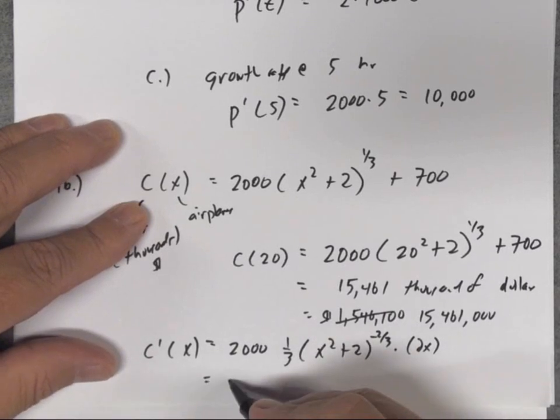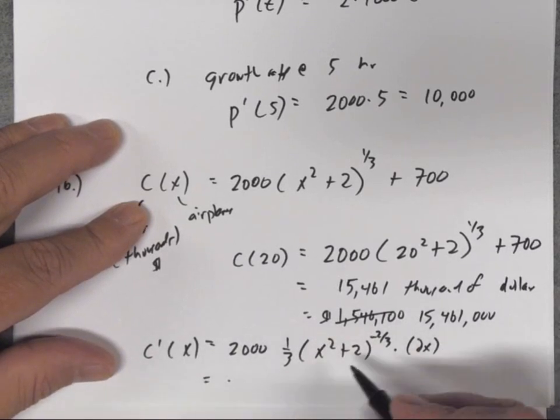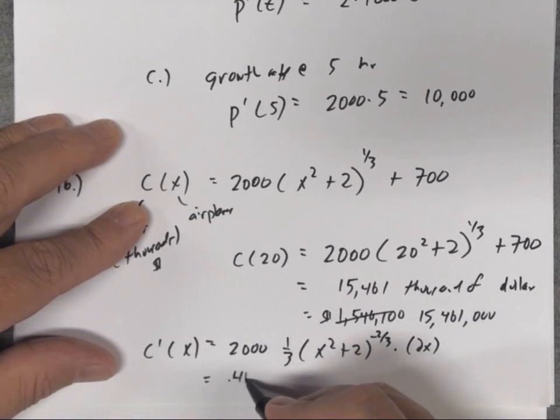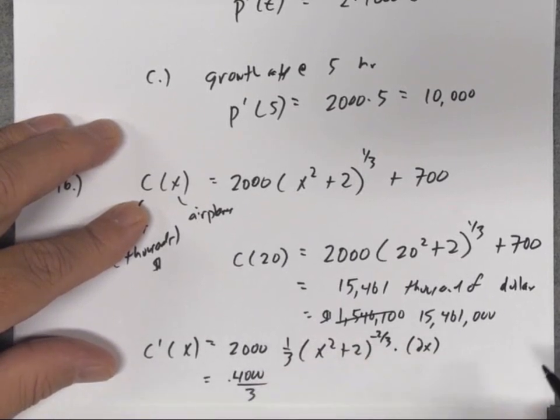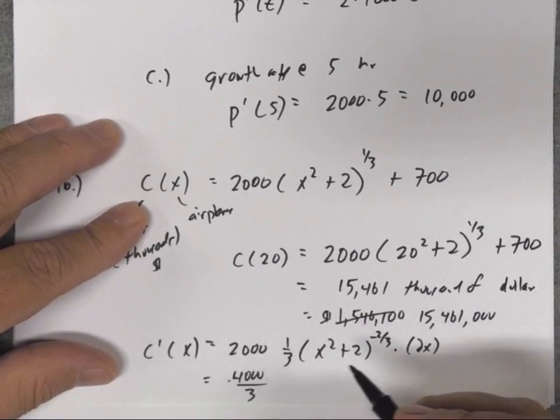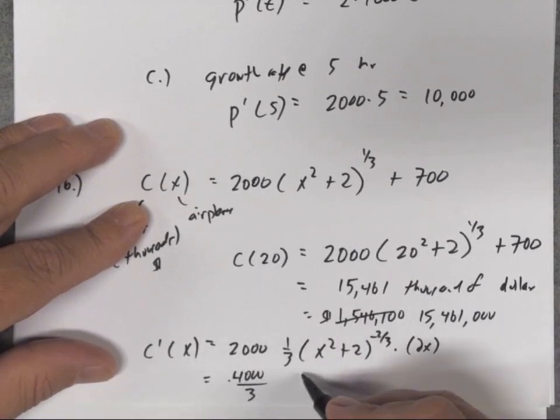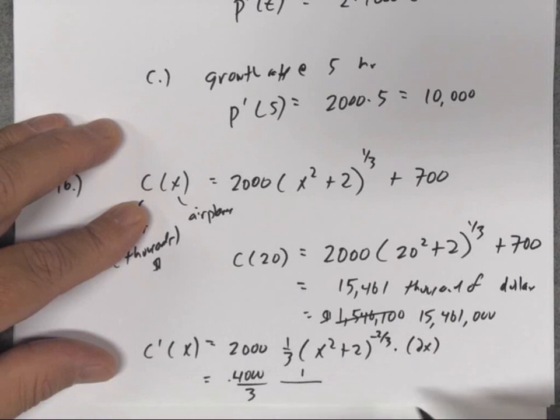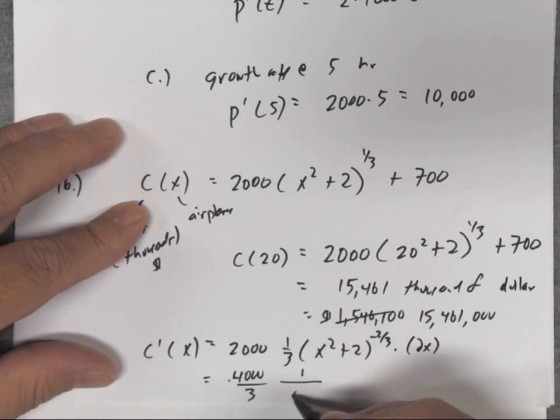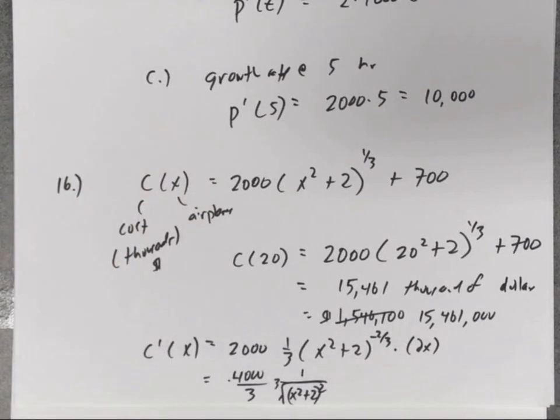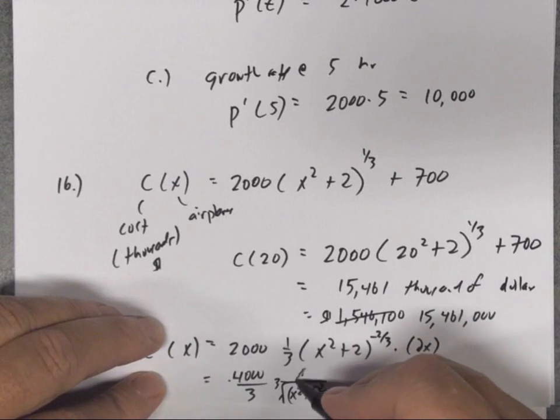So it's like 4,000 over 3 times (x squared plus 2) squared, the cube root. Oh, there's also an x up here.